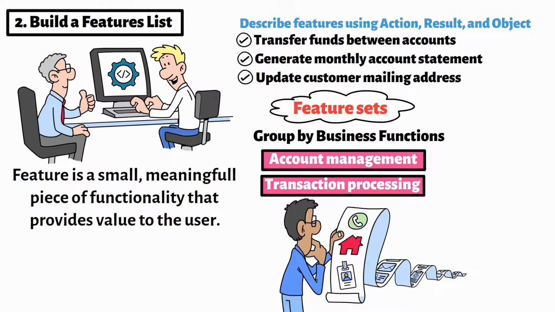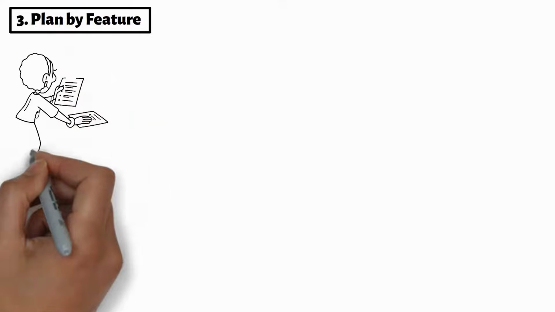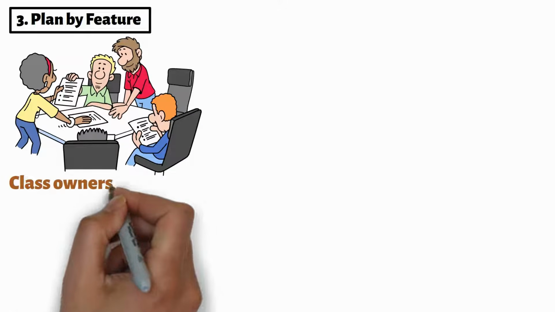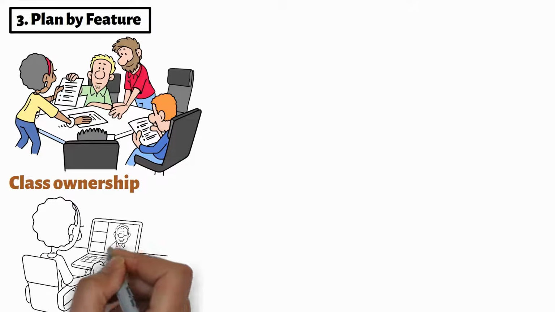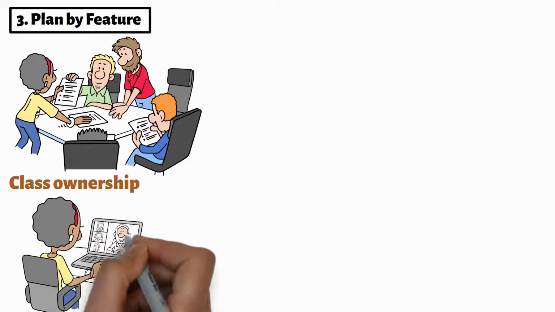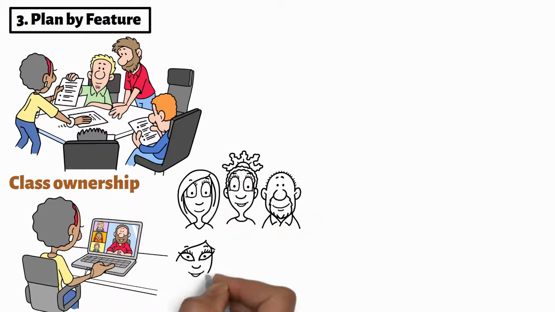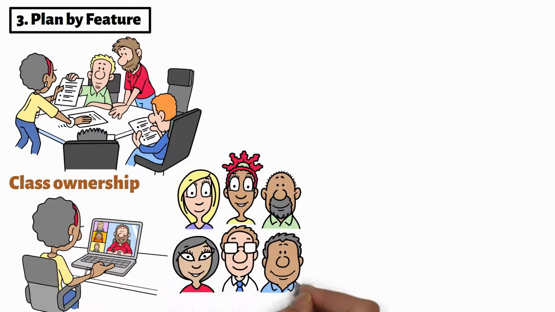After the features are identified, the third activity is plan by feature, and the team plans how to deliver the features. A key concept in this step is class ownership, meaning each major class in the system is assigned to one developer who is responsible for maintaining it. When a feature involves several classes, the developers who own those classes temporarily come together to form a feature team.